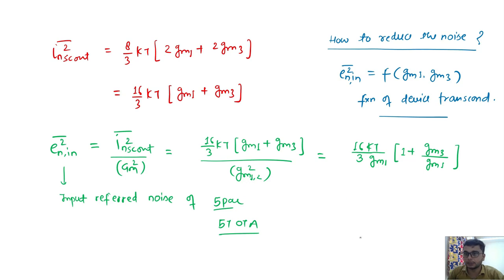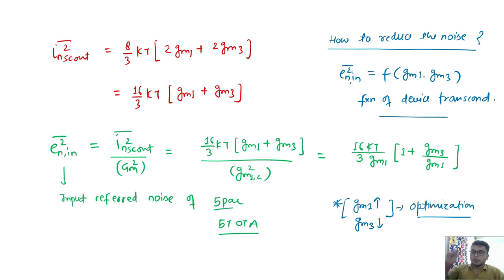If we can manage higher gm1 and lower gm3 or gm4, then we can optimize the noise. But there are different things related with gm1 and gm3, so we cannot increase gm1 to much extent, or reduce gm3 to much extent. There are other aspects going to be disturbed.